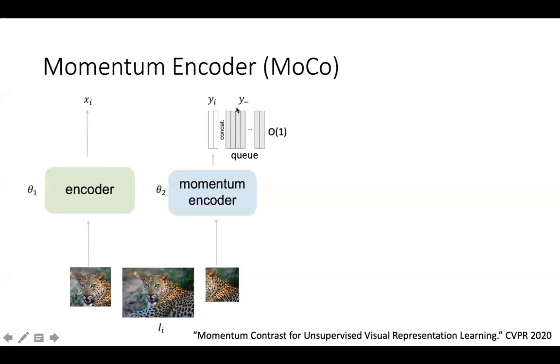But the next thing is, now you can scale up to a really large data set with the queue being a fixed size. And of course, the key is to maintain the momentum update of the parameters of the momentum encoder. So it's pretty similar to the instance discrimination paper, but the two papers maintain the features to be stationary from different perspectives.